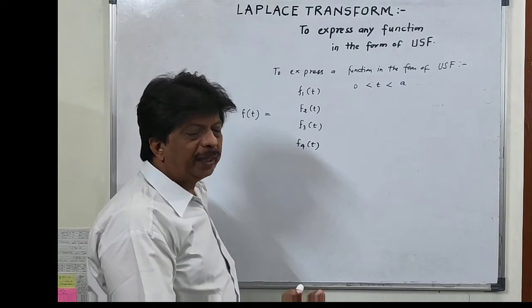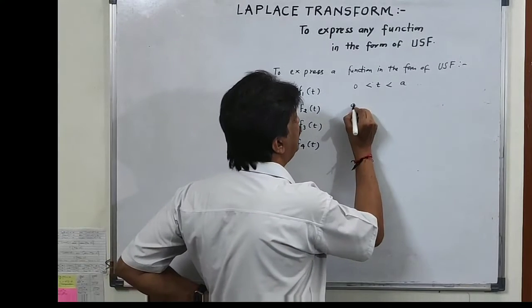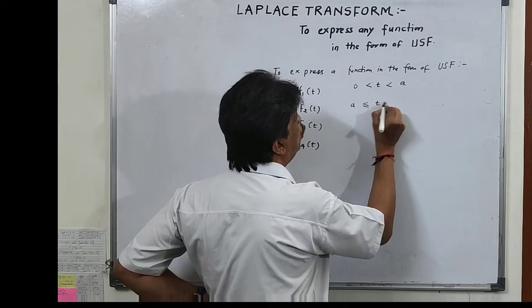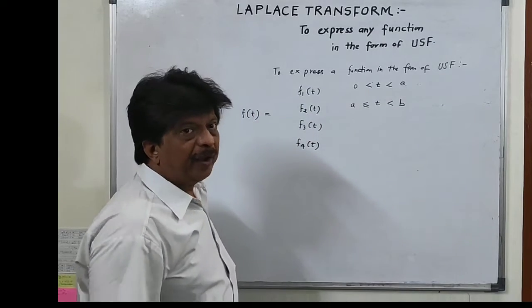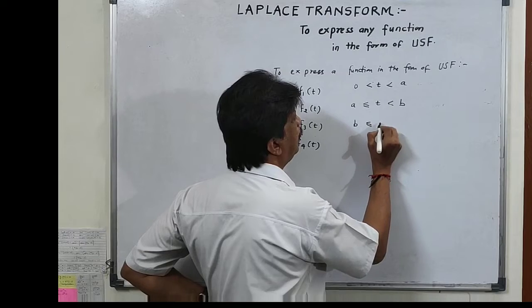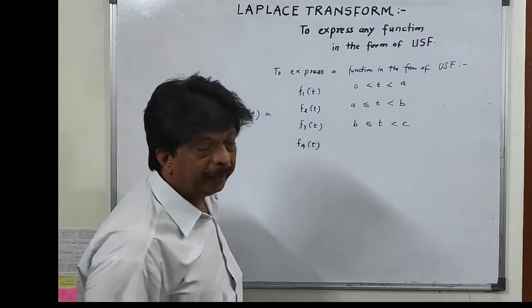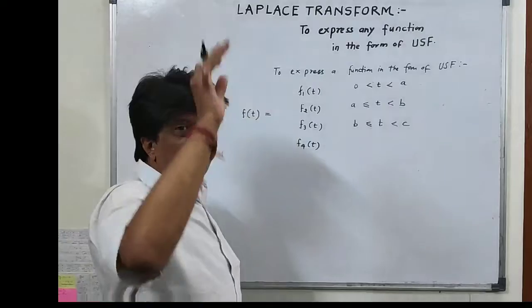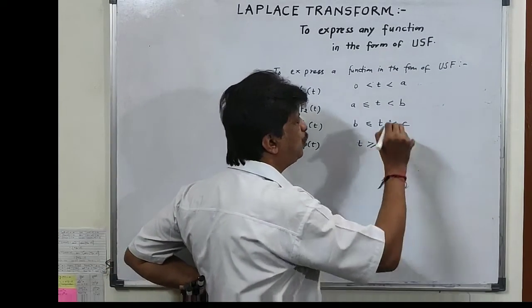From 0 to a it is f1 of t, and from a to b it becomes f2 of t, and from b to c it is f3 of t, and from c onwards, t greater than or equal to c.